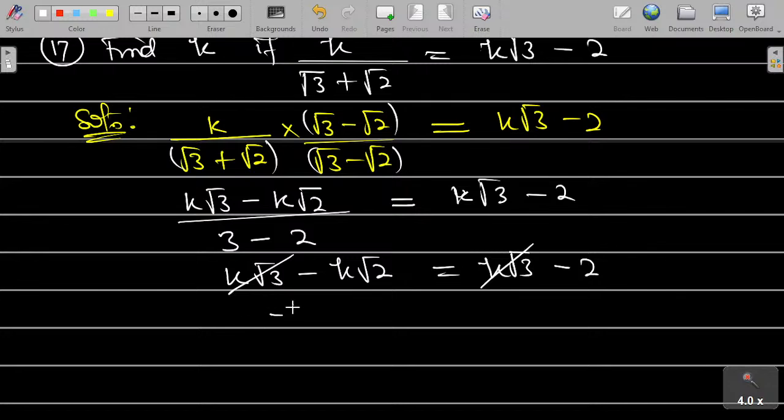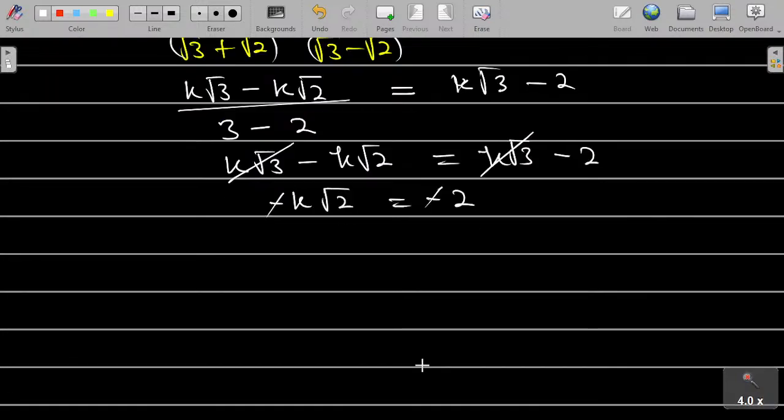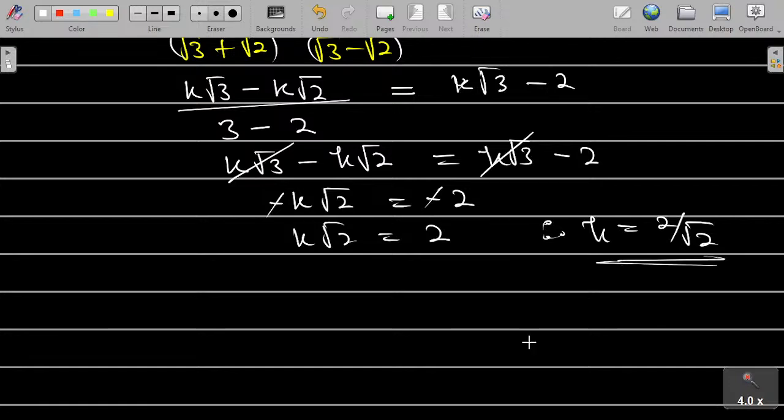So you just have minus K root 2 equal to minus 2. Okay, let the minus cancel. Alright, so this will give you K root 2 is equal to 2. Therefore, our K alone will be equal to, divide both sides by root 2, you will get 2 all over root 2. And that is our solution.